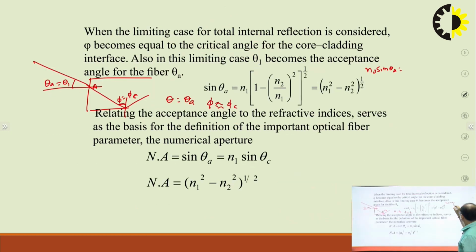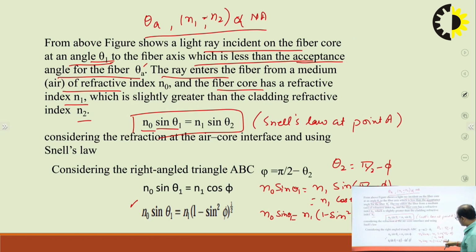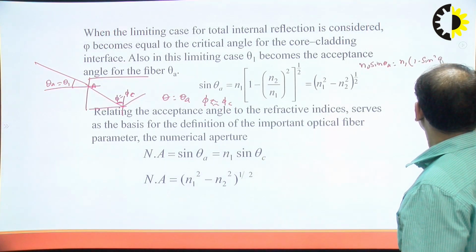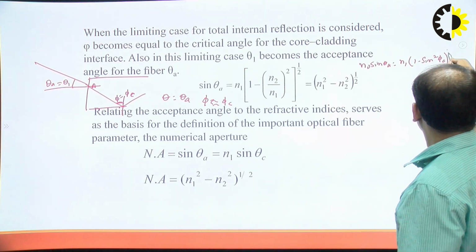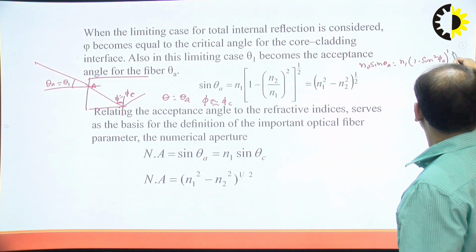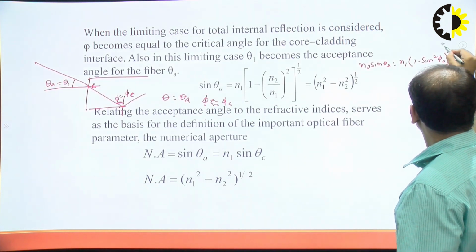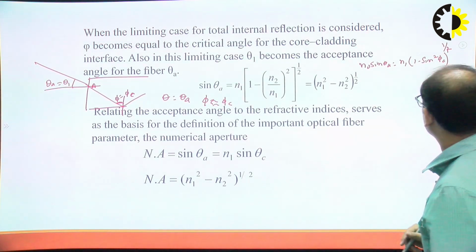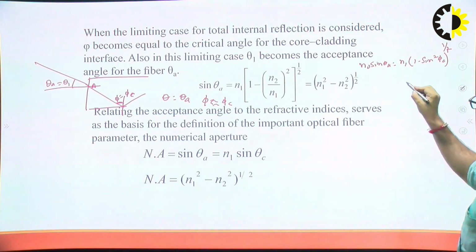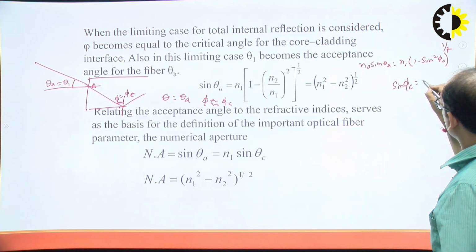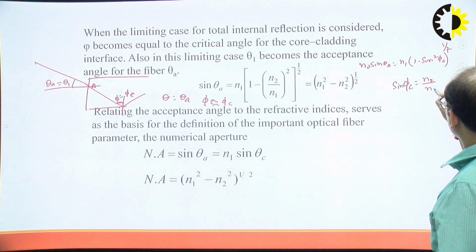n1 times (1 minus sin square phi c) to the power 1/2. Clear? Now see this phi c, as we know that sin phi c is equal to n2 by n1.